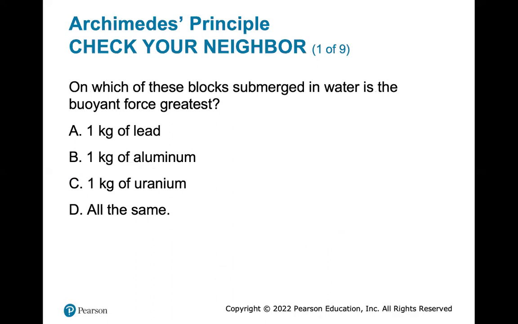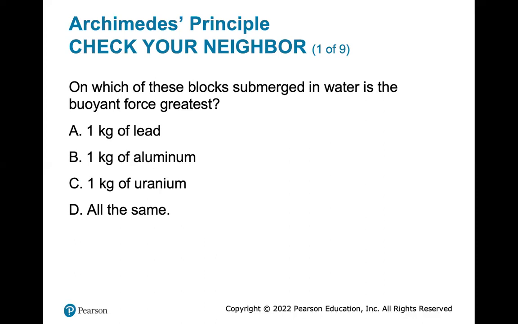Okay. On which of these blocks submerged in water is the buoyant force the greatest? 1 kilogram of lead, 1 kilogram of aluminum, and 1 kilogram of uranium, or they're all the same.